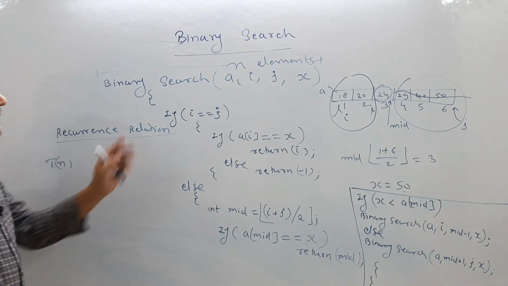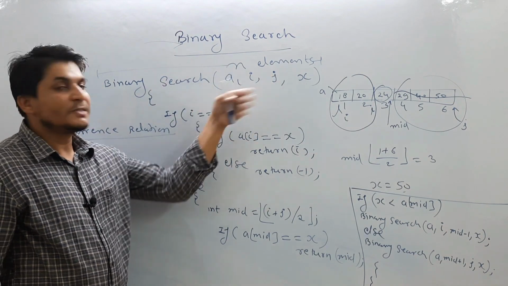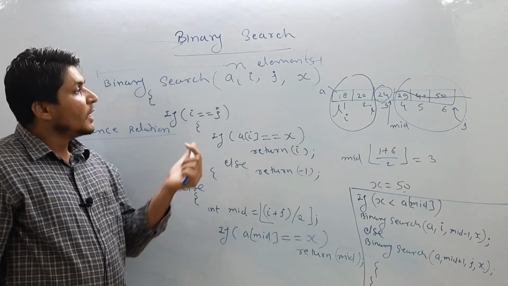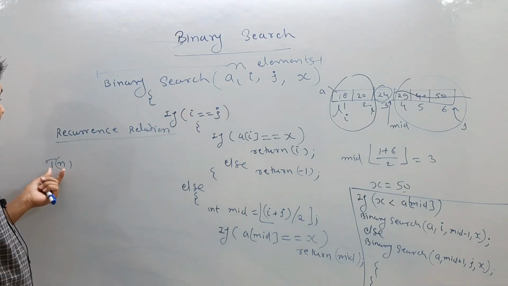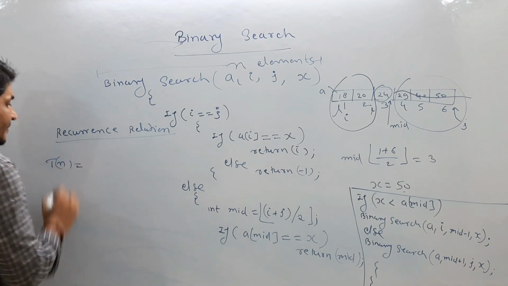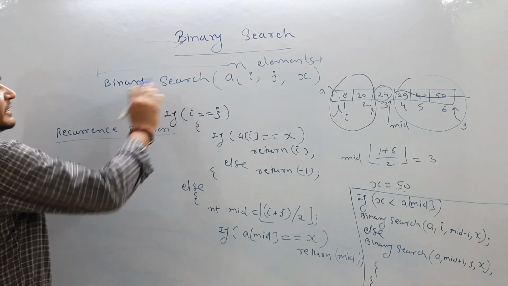It takes t of n time to solve the n elements problem. So t of n is the time taken for solving the n elements problem.